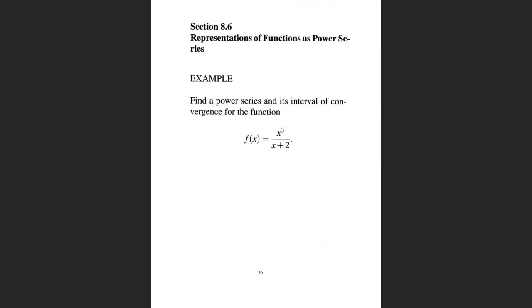Okay, an interesting rational function, x cubed divided by x plus 2. We want the interval of convergence. Incidentally, once you identify the interval of convergence, it's no problem to figure out the radius of convergence, because the radius of convergence is half the length of your interval of convergence. So, let's proceed to the solution.